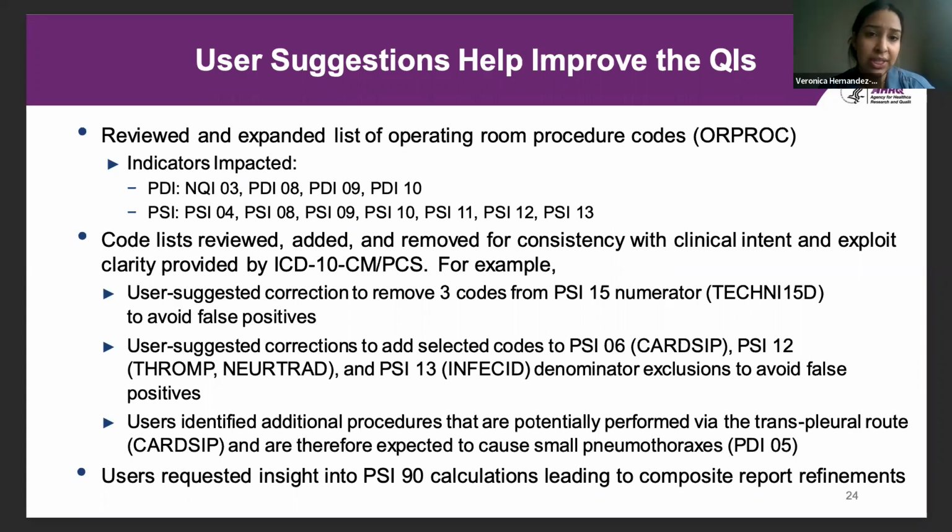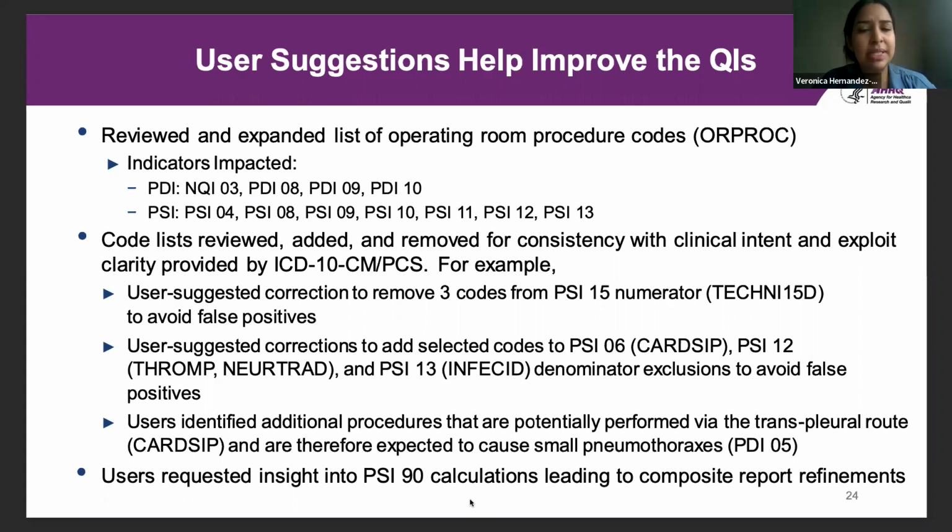Users also suggested corrections to add certain codes for defining denominator exclusion criteria. And again, the intent is to avoid any false positives. This slide here provides some examples of code lists updated for PSI 6, 12, and 13 based on this user suggestion.